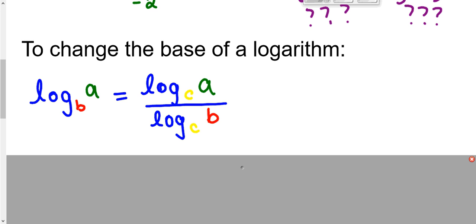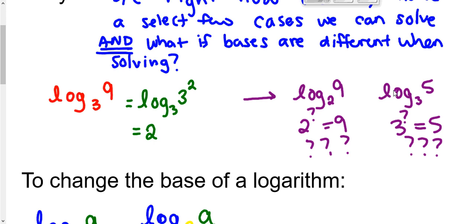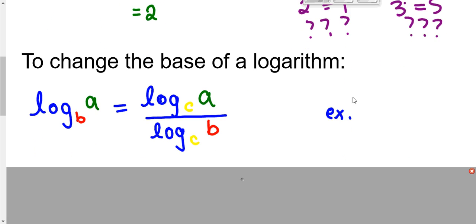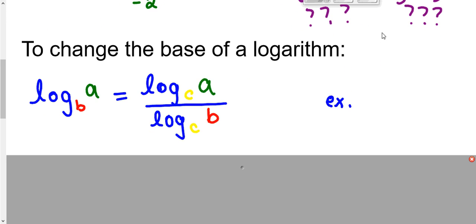So for example, if we wanted to take one of these that we said, what the heck do we do? Log base 2 of 9. If we want to change that base, we would want a base of 3 because 9 is 3 squared.